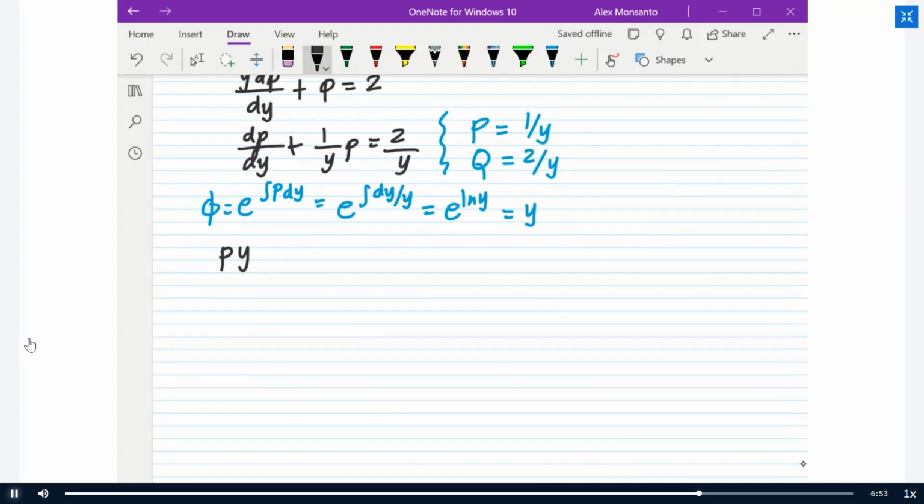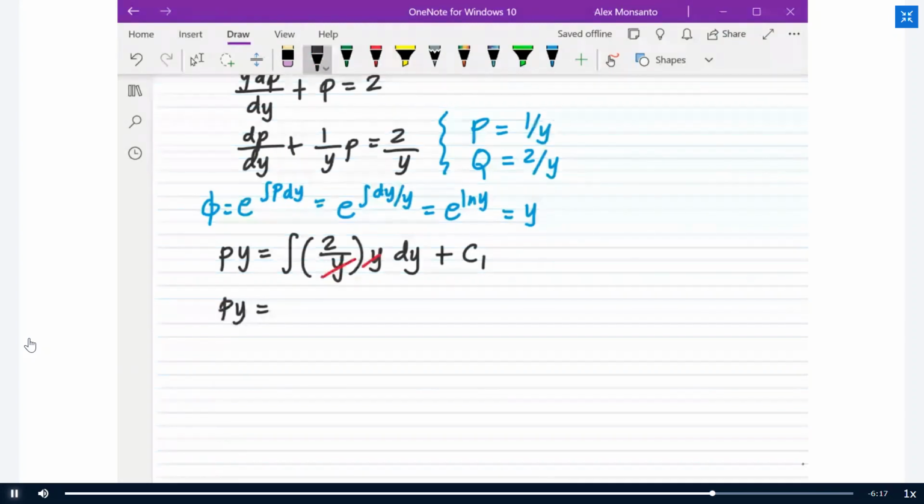Ayan, so py is equal to integral ng Q, so 2 over y, tapos y, tapos dy, plus c sub 1 lang to guys. Kasi nag-start pa lang tayo sa pag-i-integrate. So, I can have py is equal to, cancel yung y. Again, ang naging resulting equation natin ay naging linear first order.